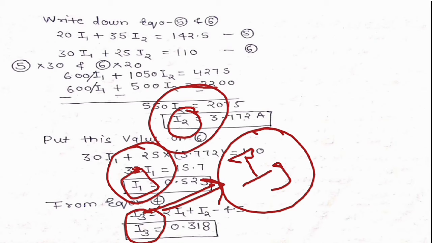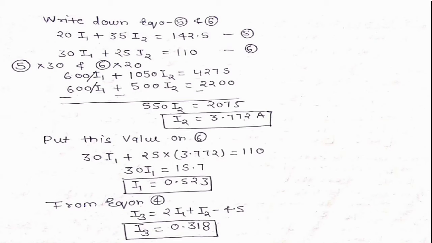You do not directly get the value of I3. So that's why this conventional approach gets lengthy, especially if the number of loops increases.